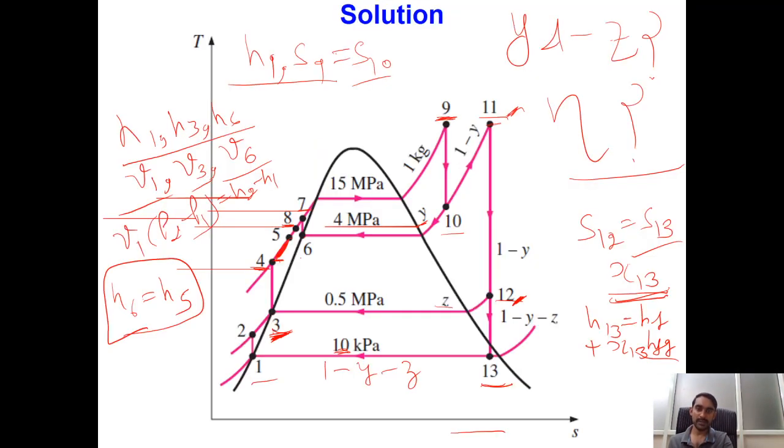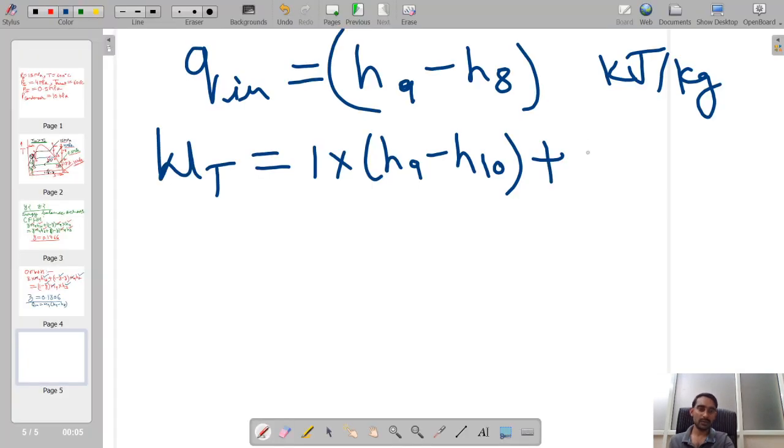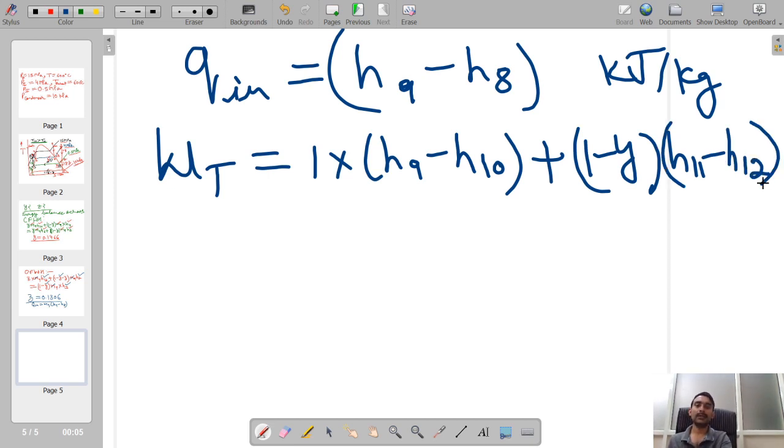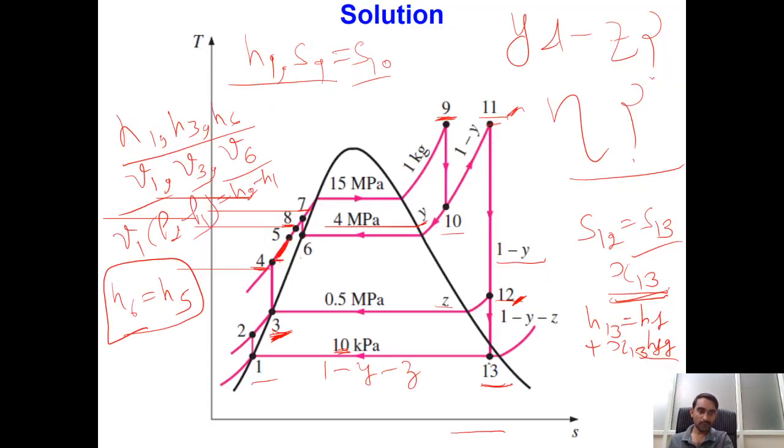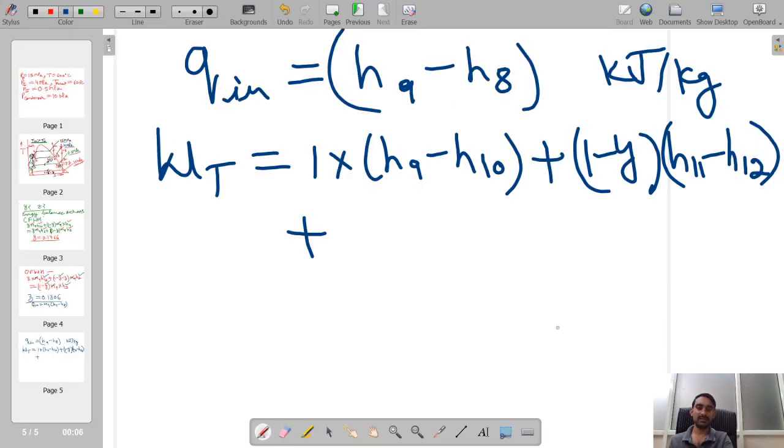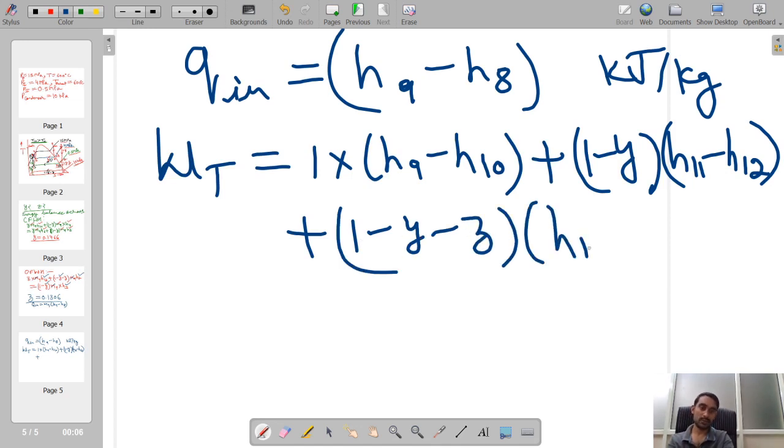After that, inside the second stage from point number 11 to point number 12 we have only 1 minus y fraction, so I can write 1 minus y into H11 minus H12. And during the process from stage number 12 to stage number 13 we have the fraction as 1 minus y minus z. So I can simply say 1 minus y minus z into H12 minus H13. So if you substitute, all the values are known, you will be getting the turbine work.